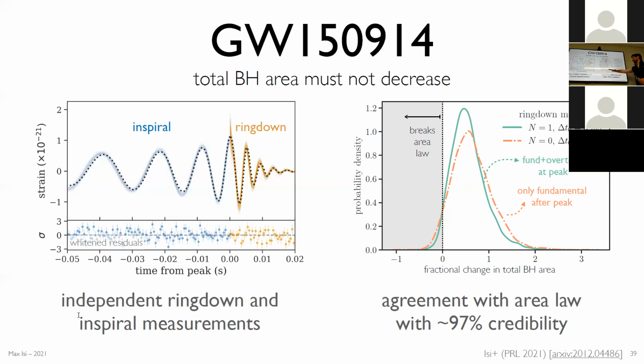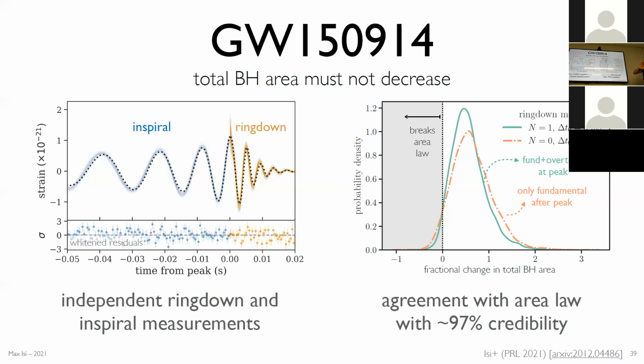And this is the measurement that we get. There are two curves here. In one case, we're comparing the inspiral to the overtone measurement that I showed you earlier, which is the green one here. And what you see is a measurement of the fractional change in the total black hole area from before the merger to after the merger.